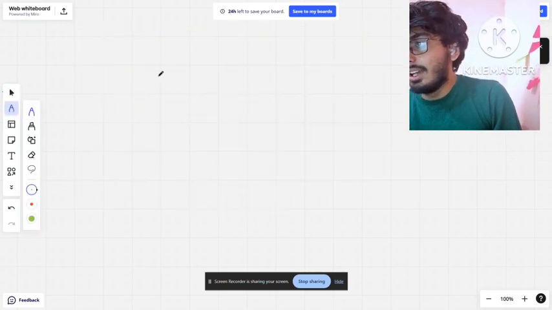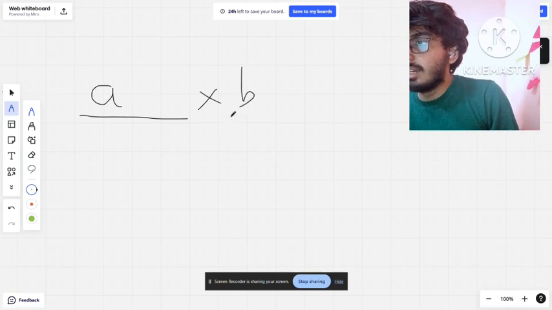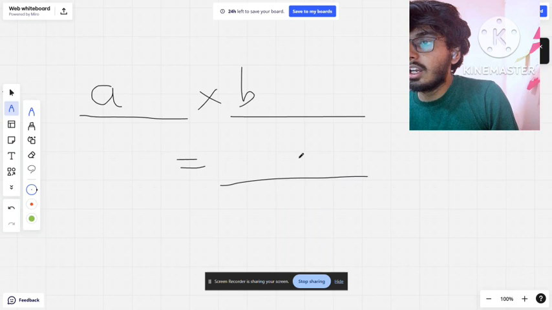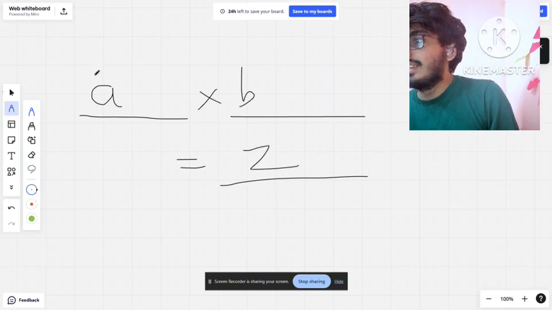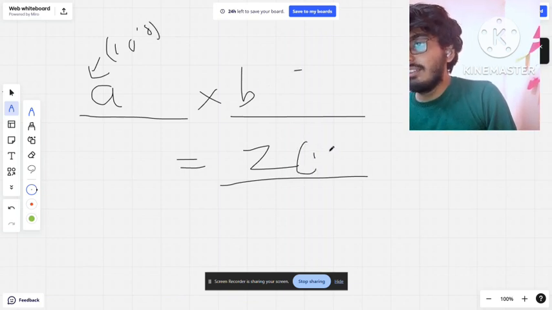Let's say we take a very large prime number A and a very large prime number B, each on the order of 10 raised to power 18. Our Z will then be around 10 raised to power 36, which is a very large number.